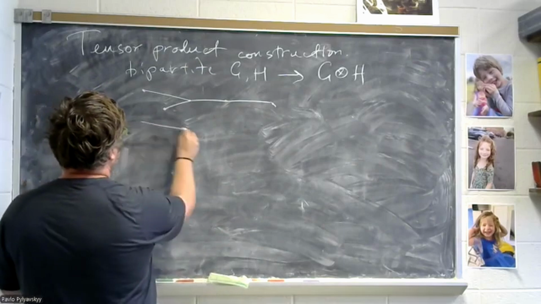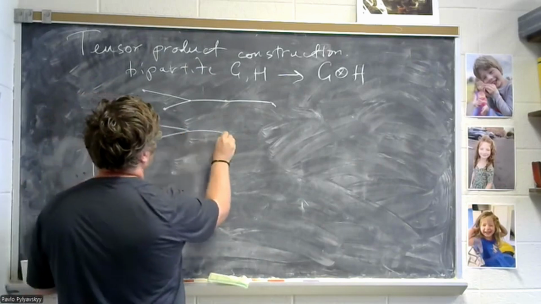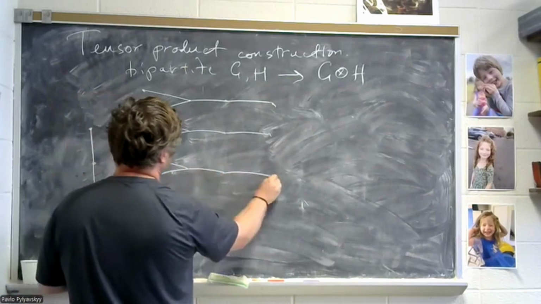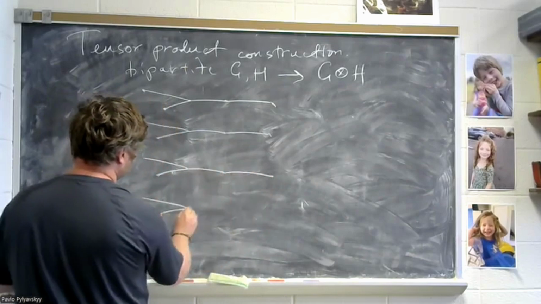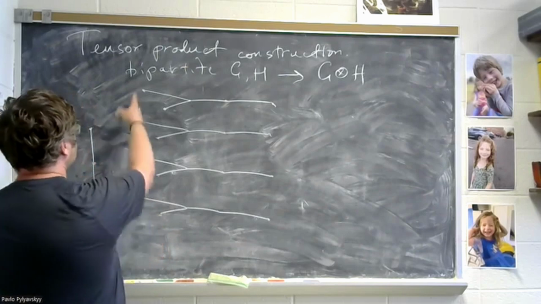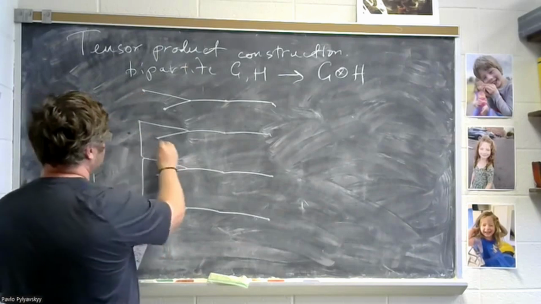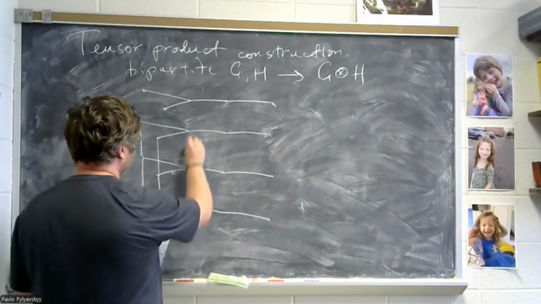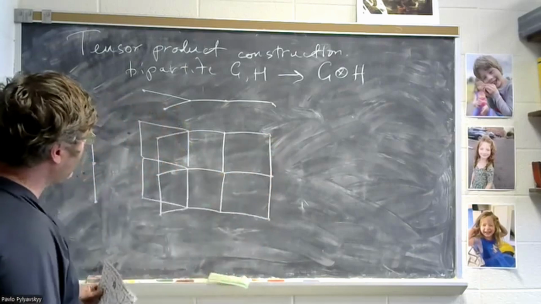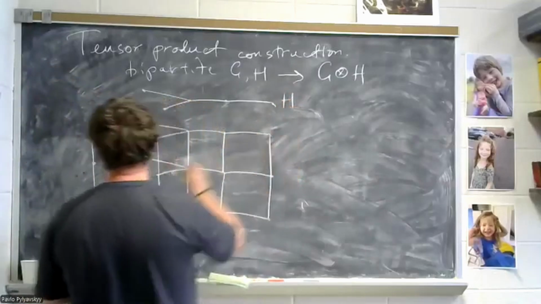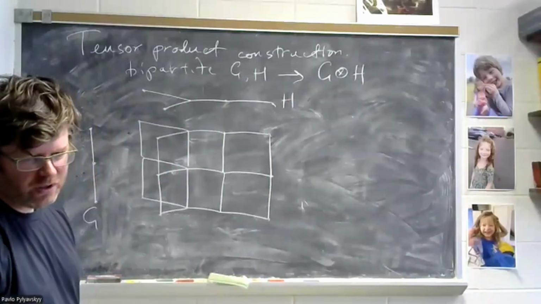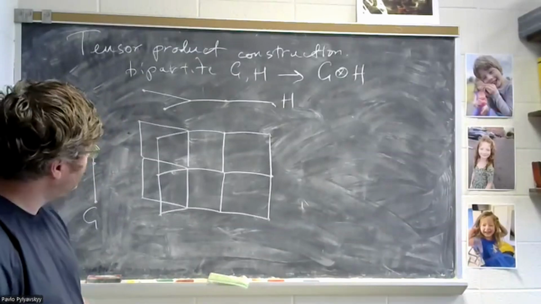This will be one copy of H. This will be another copy of H. And this will be another copy of H. Then, of course, I connect things which correspond to the same thing in H, and I connect things which correspond to the same thing in G. So if this is my H and this is my G, this would be my H tensor G. I didn't write a formal definition, but does it make sense?